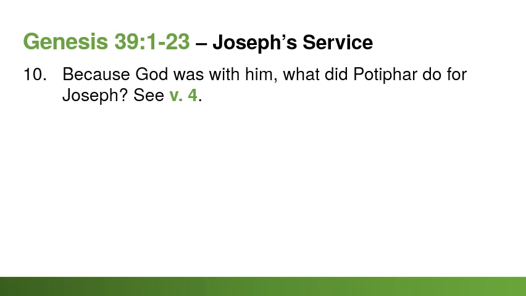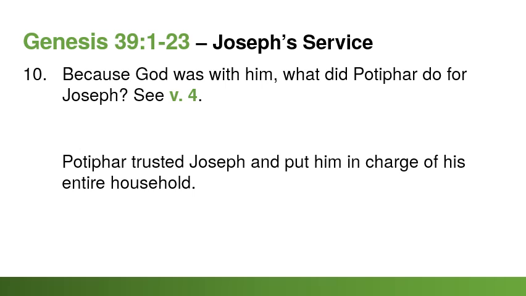So Potiphar notices that Joseph is different. This slave, he works hard. He does good work. He doesn't get by with doing the bare minimum. He doesn't need someone to threaten him or yell at him. This guy is different. And that is to Joseph's credit, because you just imagine everything that Joseph has been through.